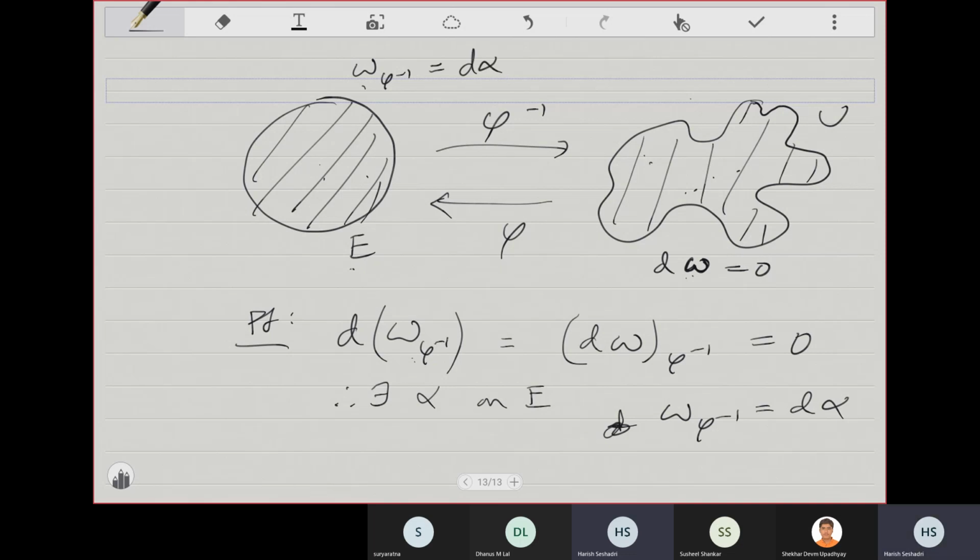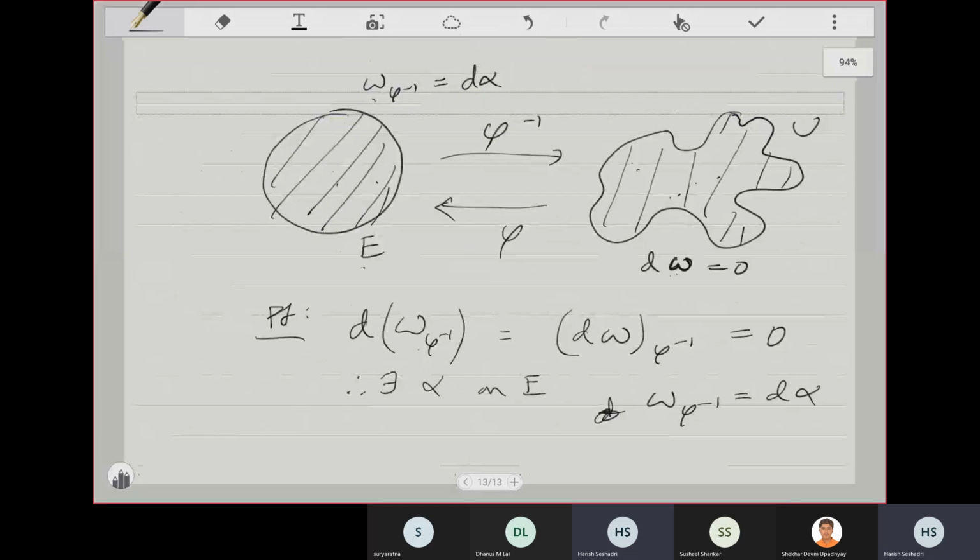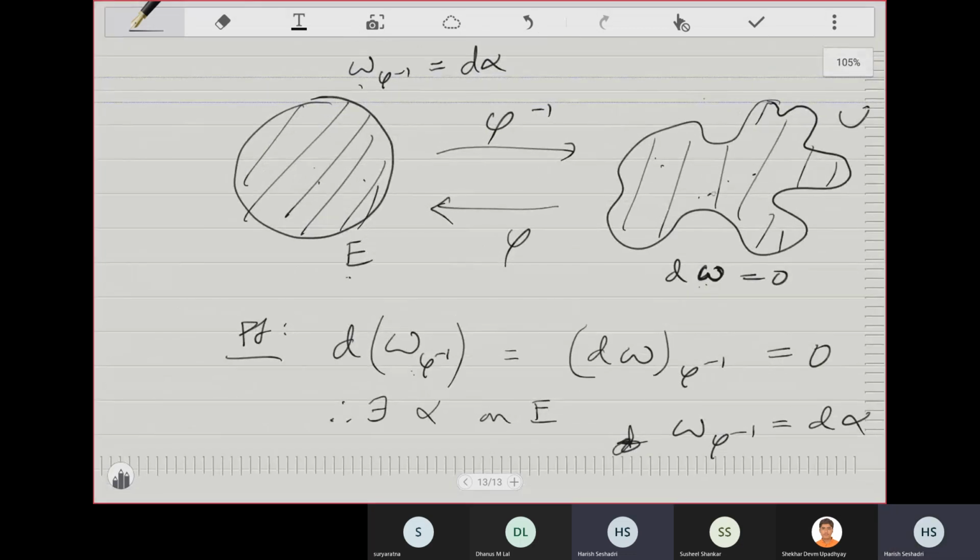Now you just transport this information back to U. So you pull back alpha to U. This time I'll use phi.